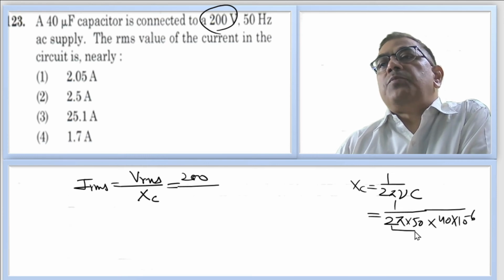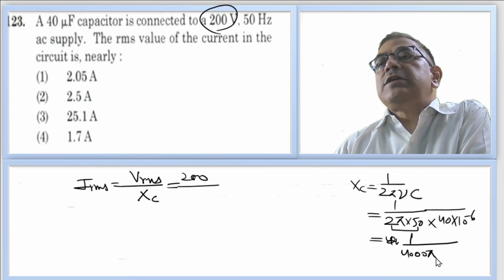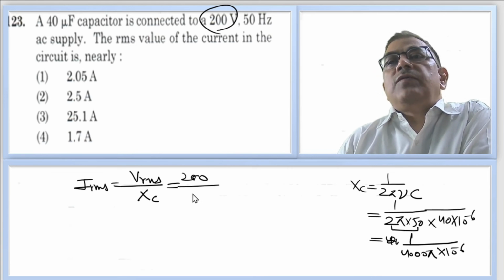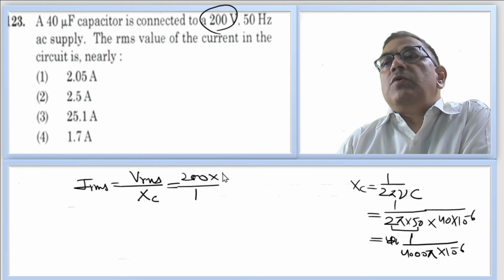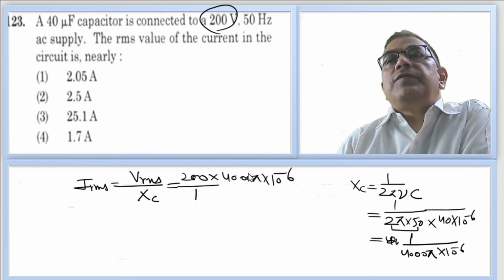Now over here, the product is how much? 2 times 50 is 100, and then 100 times 40, so this is 4000. So this is 1 divided by 100 times 4000 pi times 10 to the power minus 6. Substitute this value. So this is 1 divided by 4000 pi times 10 to the power minus 6, and you see over here, 1 2 3 4 5, so that makes 10 to the power minus 1.